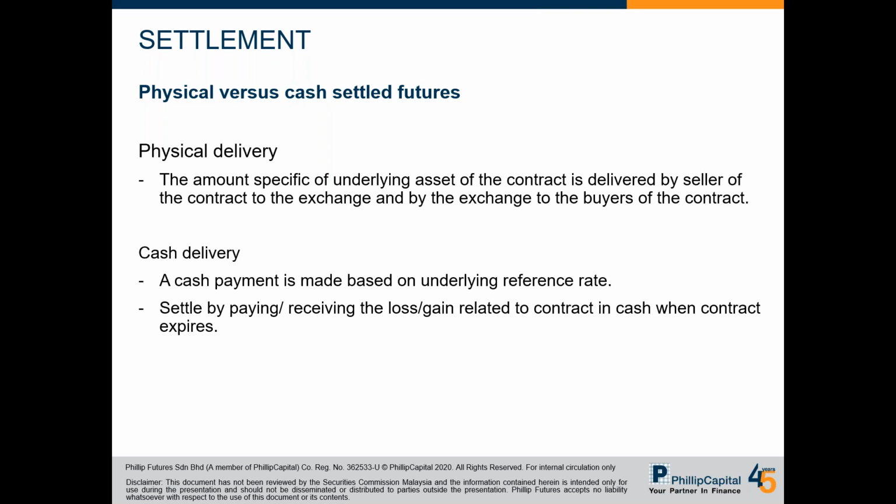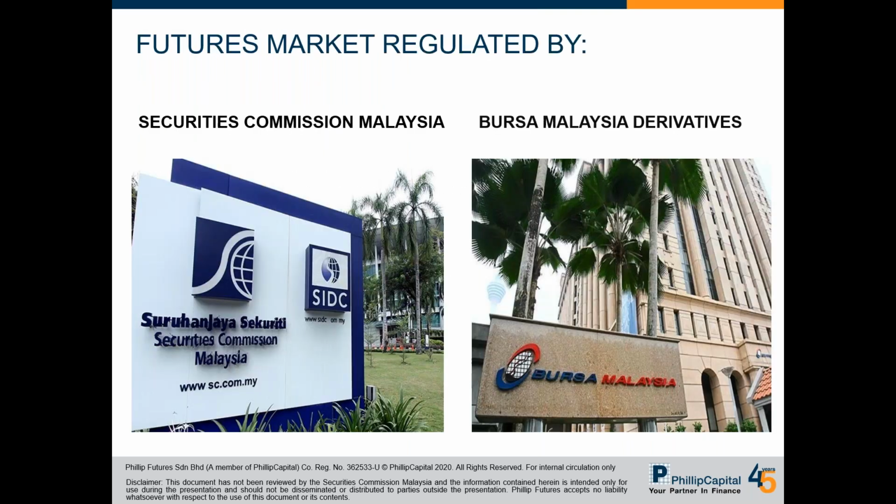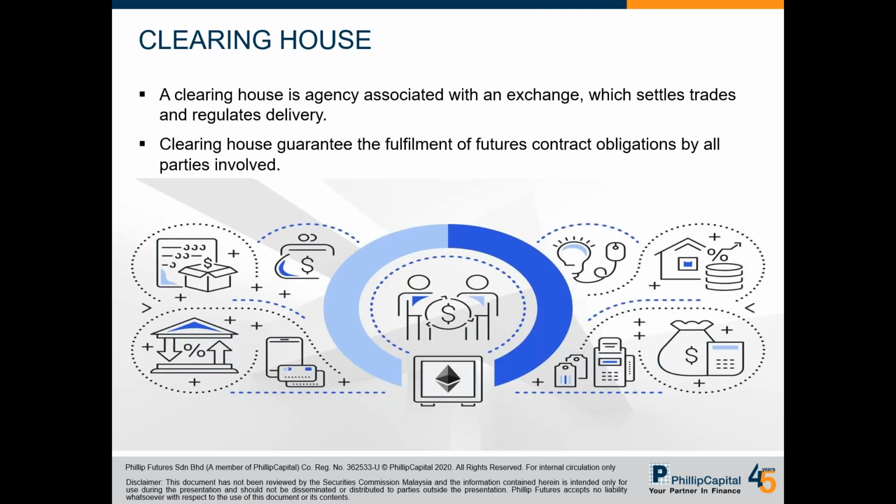Okay, next, for your information, the futures market is regulated by the Securities Commission Malaysia and Bursa Malaysia Derivatives. For this slide, I will explain what a clearinghouse is. A clearinghouse is an agency associated with an exchange which settles trades and regulates deliveries. The clearinghouse guarantees the fulfillment of futures contract obligations by all parties involved.